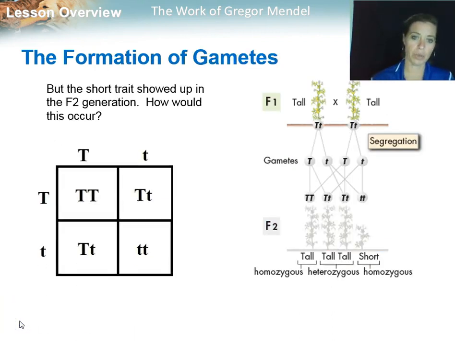So when he did a Punnett square for the second generation, he figured out exactly how the short trait showed back up.